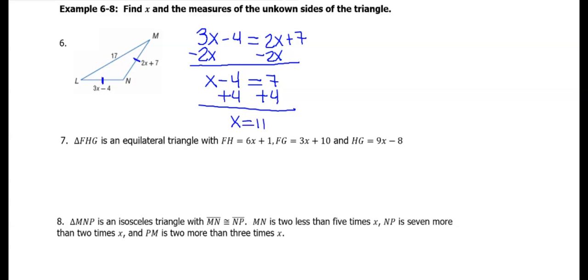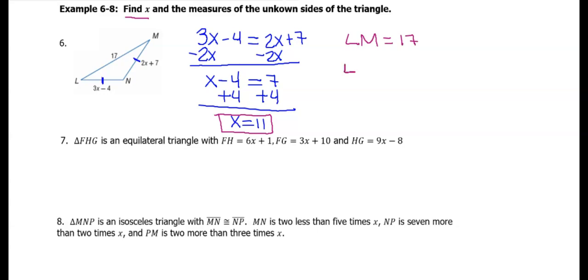So that was the first thing they wanted me to do, was find x, and I did that right here. But they also want me to find the measure of the unknown sides as well. So LM is 17. We can already see that. I'm just going to write it up there.